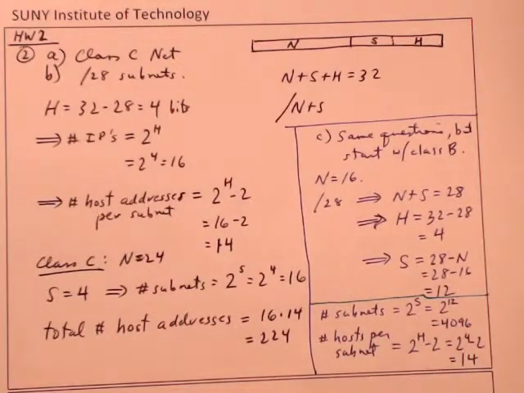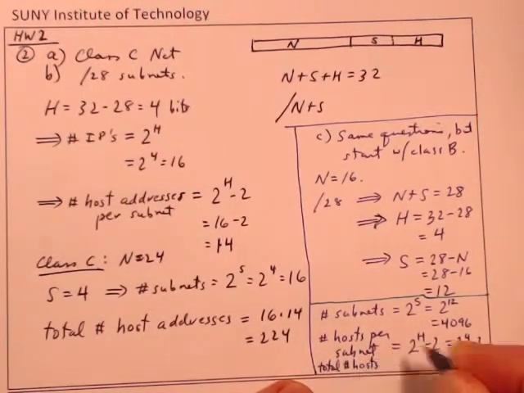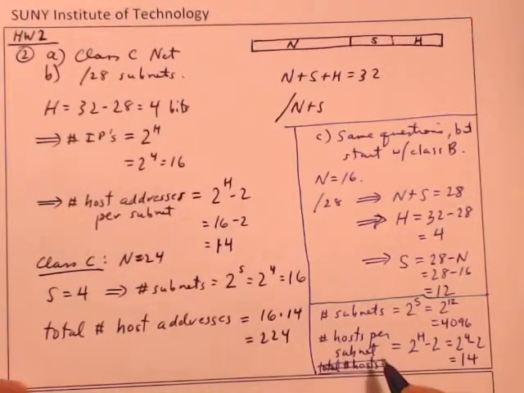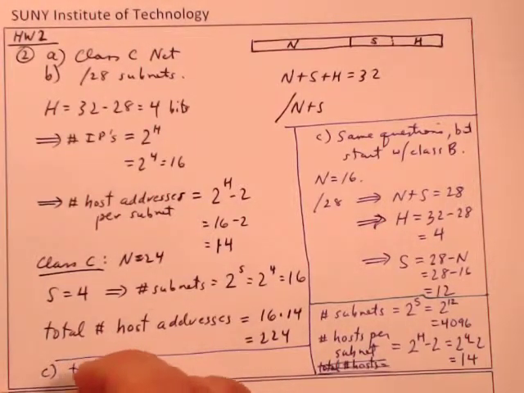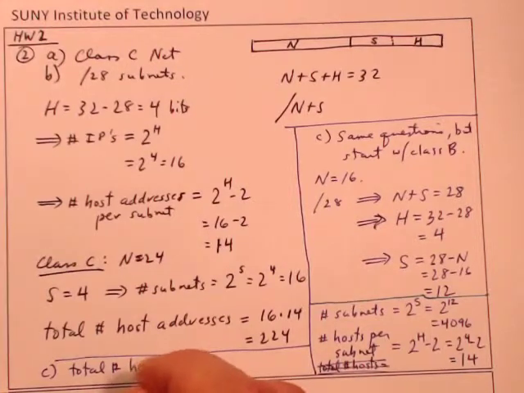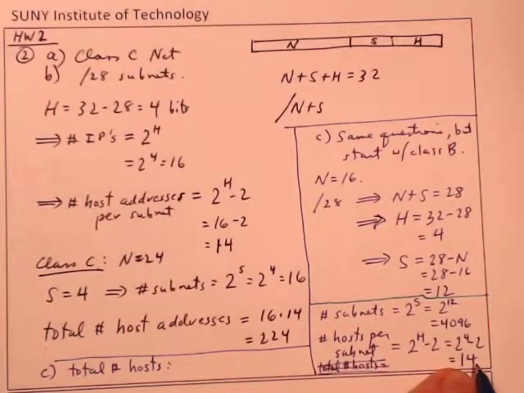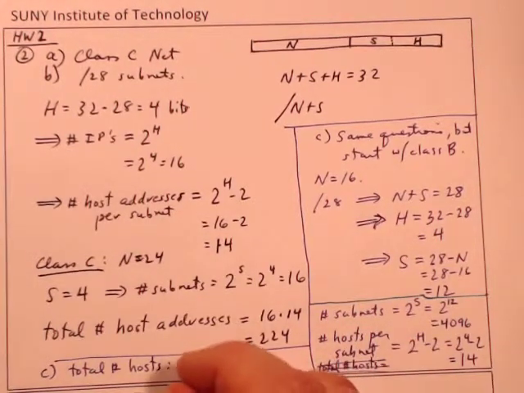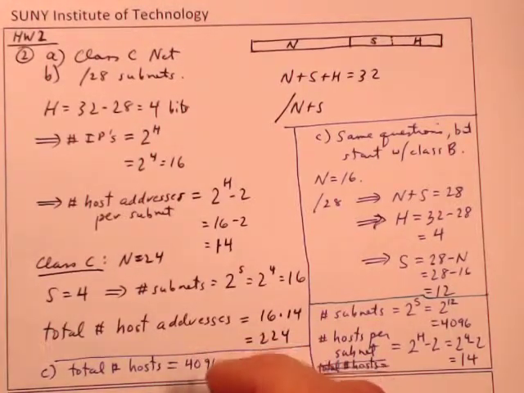If I want to calculate the total number of hosts, I'm running out of room here, so let me put it over here for part C. The total number of hosts is equal to the number of subnets, 4,096, times 14 per subnet.